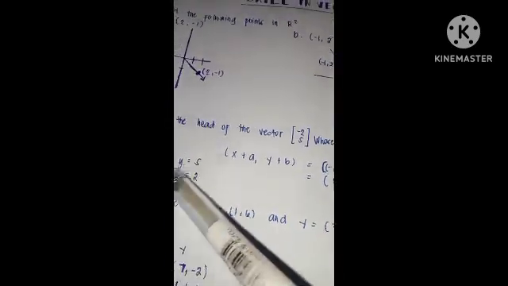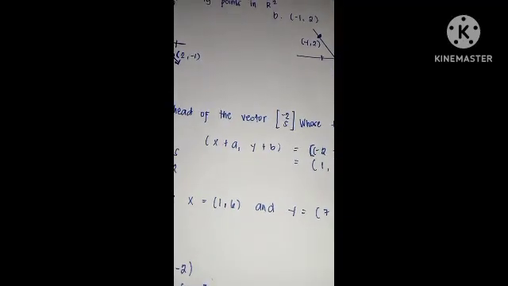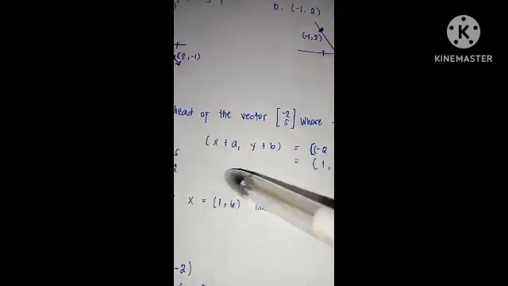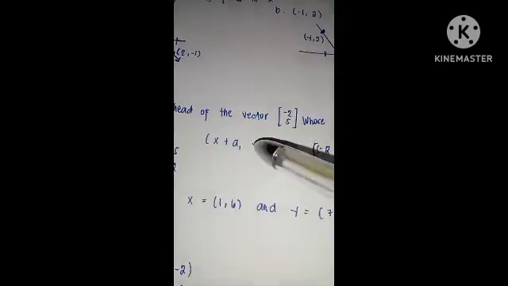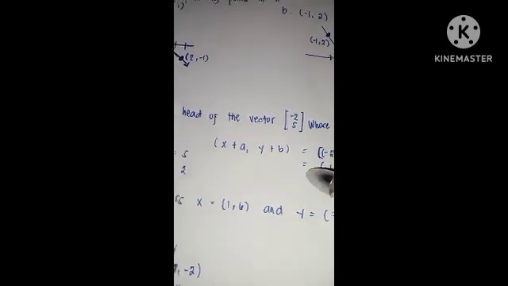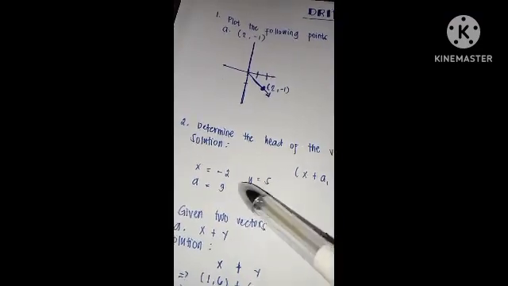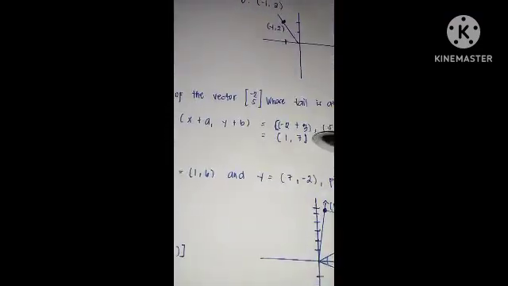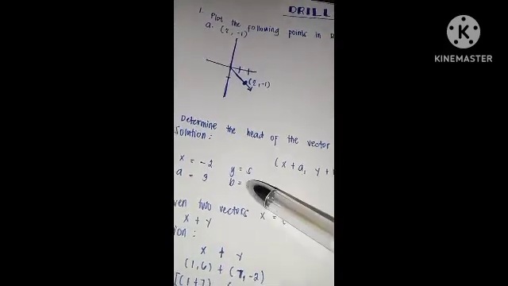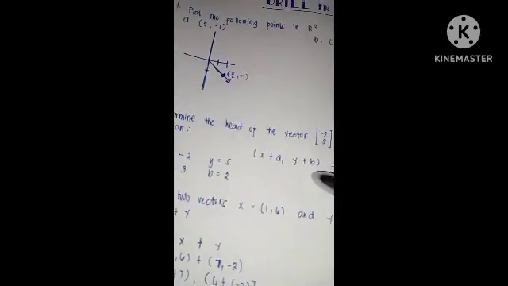To get the head of the vector, we will use this formula: x plus A, y plus B. The value of our x is -2, the value of our A is 3, the value of our y is 5, and the value of our B is 2.